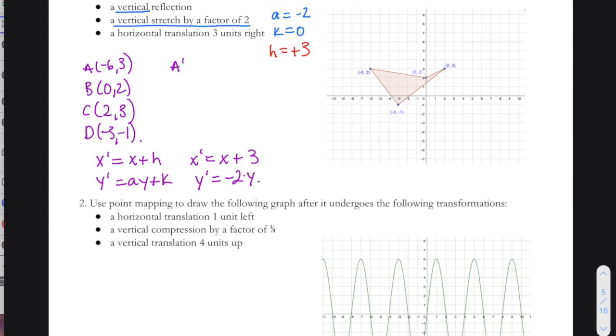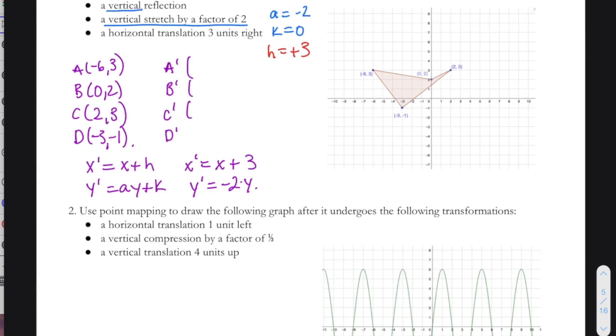So if I translate my points this way, all of my x values are going to be x plus 3, so I get -3, 3, 5, and 0. And all of my y values are just going to be -2 times my initial y values.